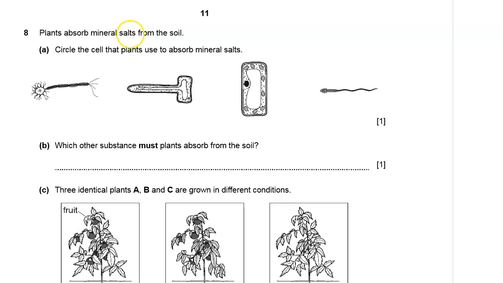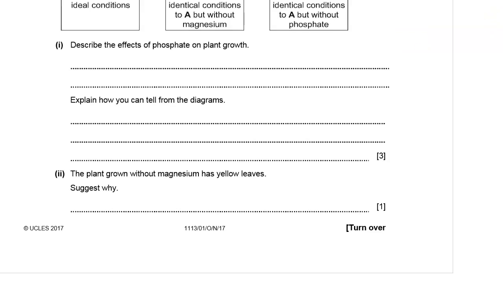Question 8. Plants absorb mineral salts from the soil. Circle the cell that plants use to absorb mineral salts. Okay, the cell is this one. Just a minute.